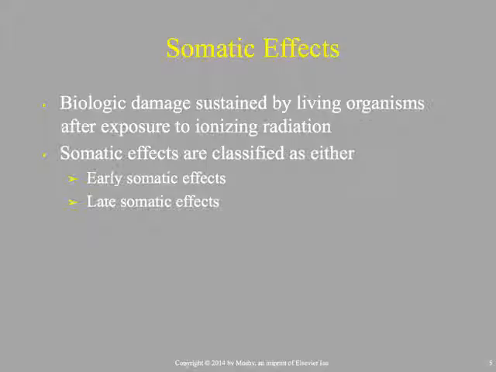So it's my personal damage that I received, right? Not chromosomal damage to germ cells that could be passed on to a subsequent generation, but this body system. So we're going to classify them as early somatic effects or late somatic effects, right? And this chapter largely deals with the early effects.